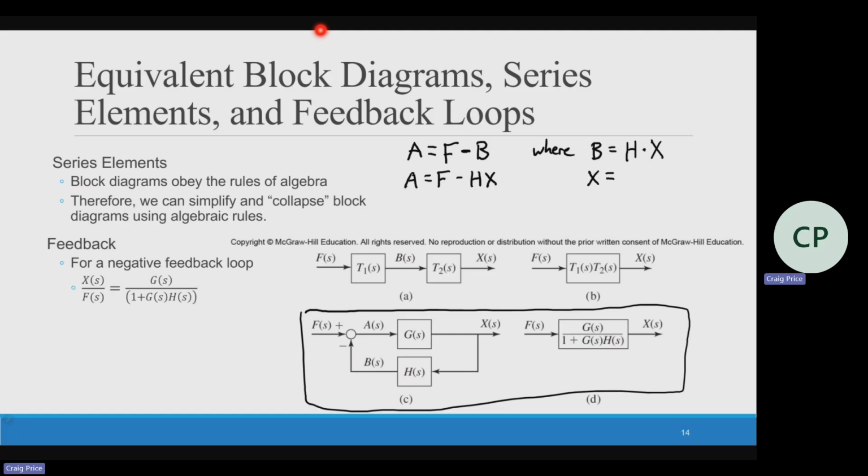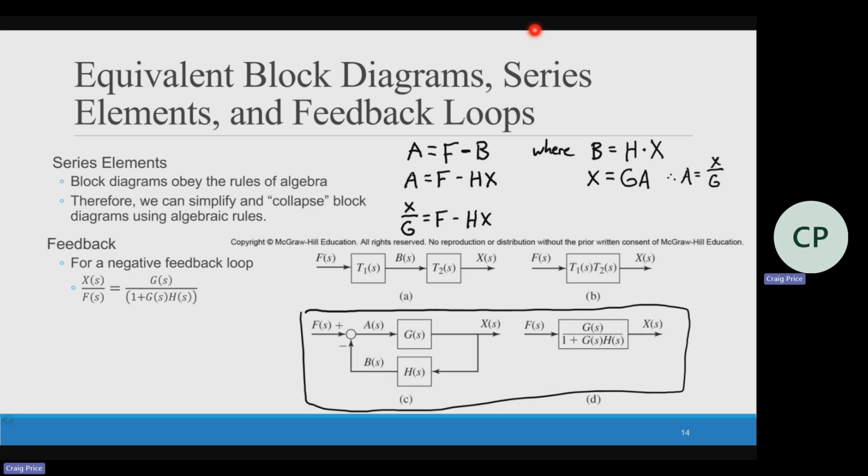If I work backwards from X, X is equal to G times A. So that means that A is equal to X over G. So we can say X over G is equal to F minus H X.